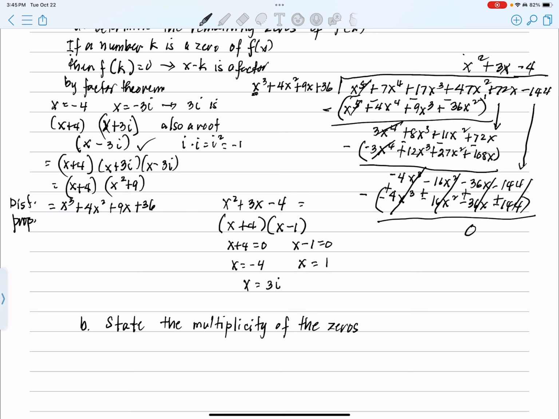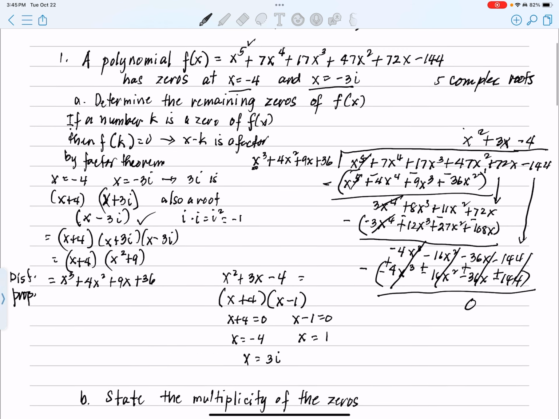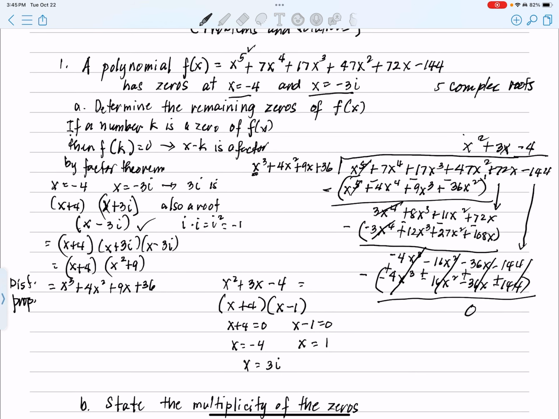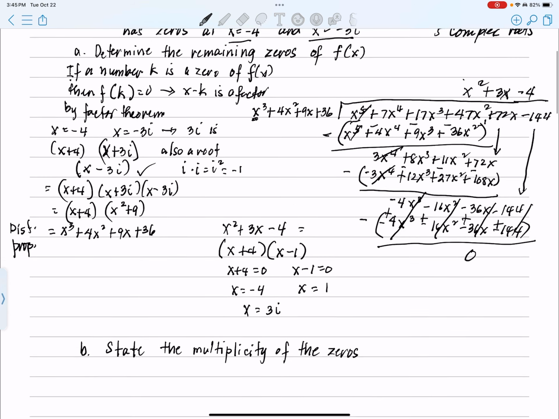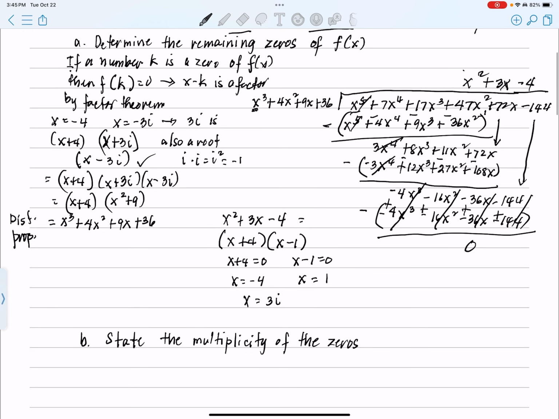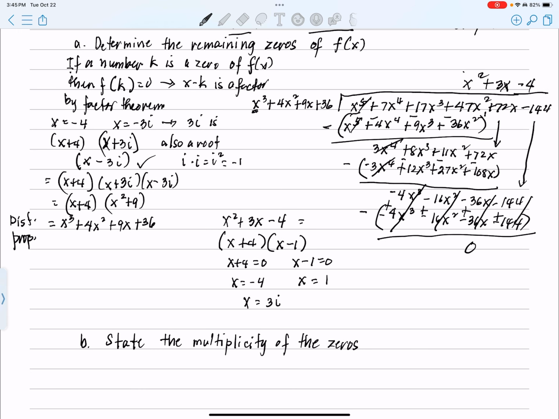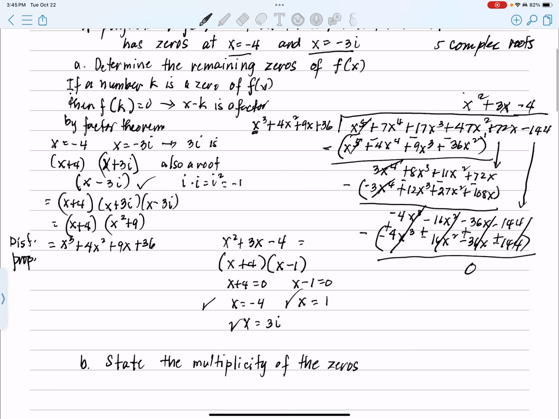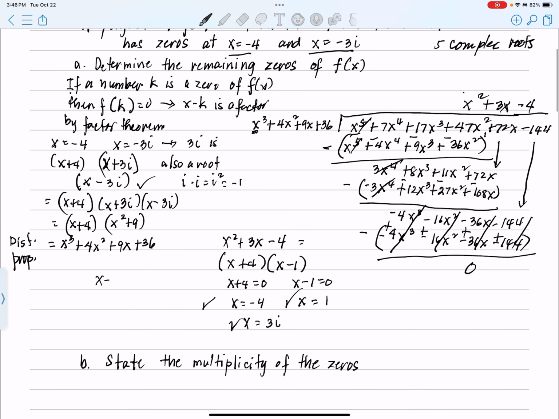So you are asked to determine the remaining zeros. So what is our 0? We have x equals negative 4. We have x equals 1. And we have x equals 3i. And the one given is x equals negative 4 and x equals negative 3i.